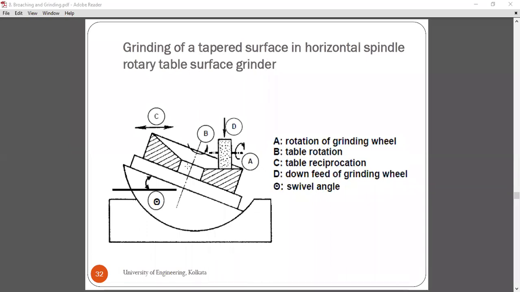So if you want to grind a tapered surface, at times it becomes difficult, and very much skill is required.